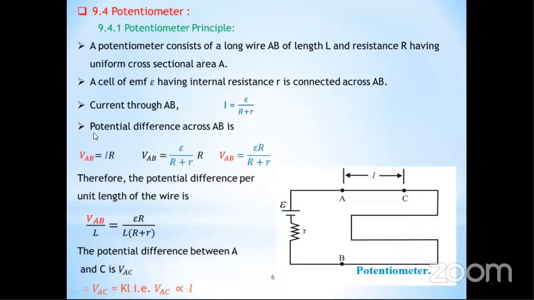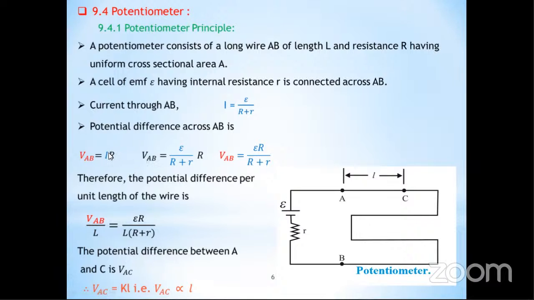Now we have the basic formula for the potential difference across the AB. Therefore, the potential difference across the AB is given by the symbol VAB. What is the long form of this VAB? VAB is nothing but the potential difference across the wire A to B, which is equal to IR. Here I is the current which is flowing through the wire and R is the resistance of the wire.